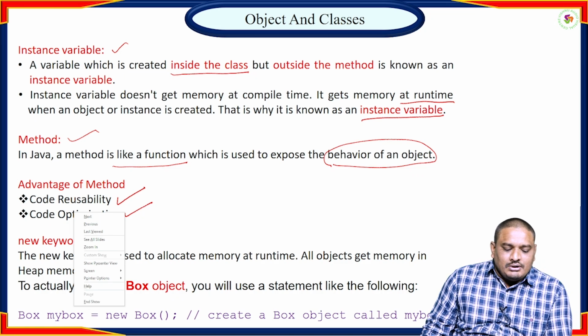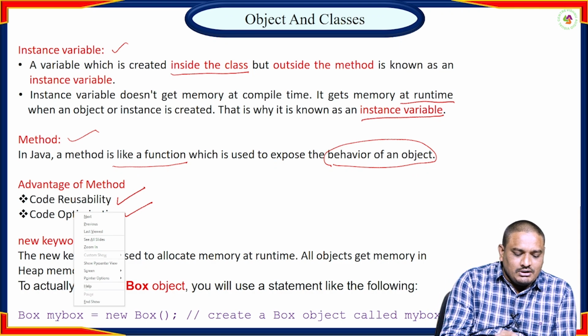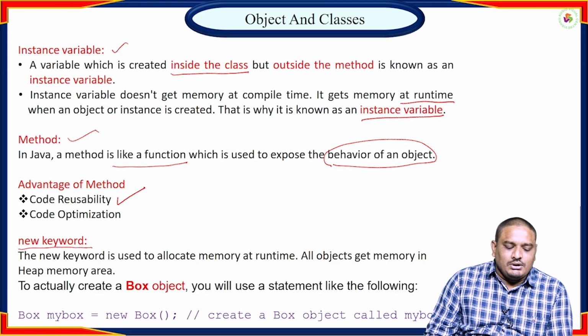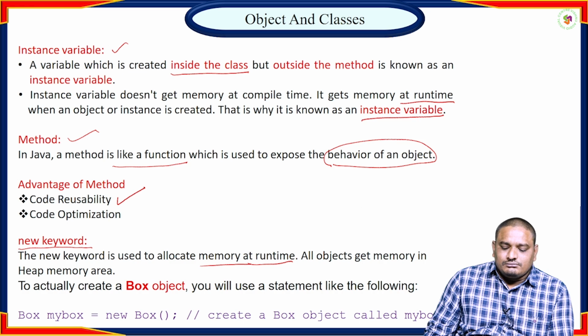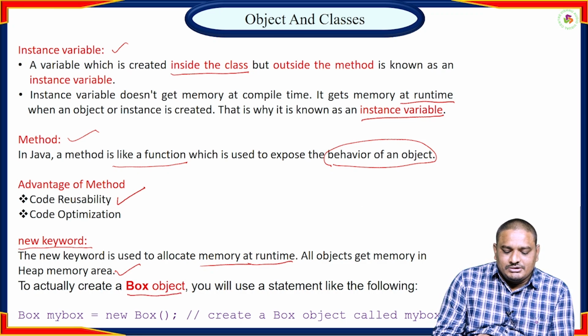Suppose we are creating objects. First, what is the definition of the new keyword? The new keyword is used to allocate memory at runtime. All objects get memory in the heap memory. To create a Box object, we use this statement.